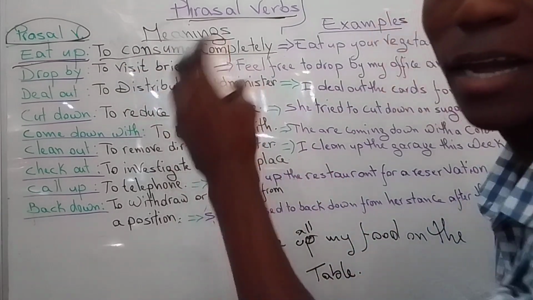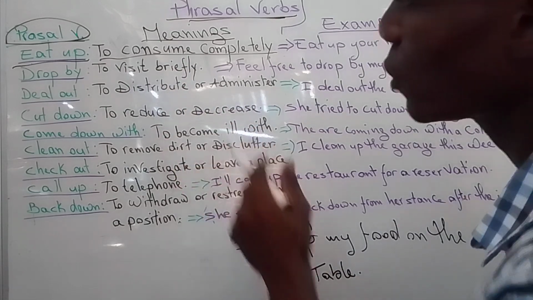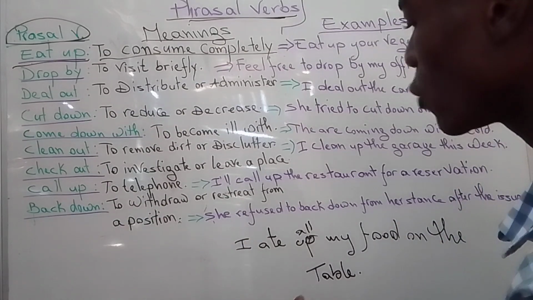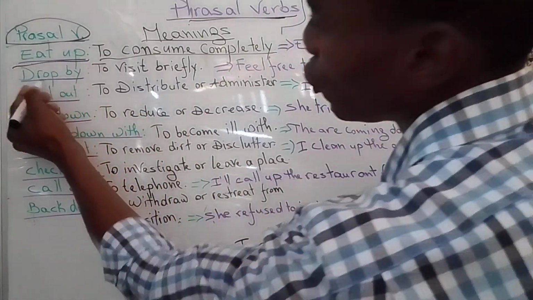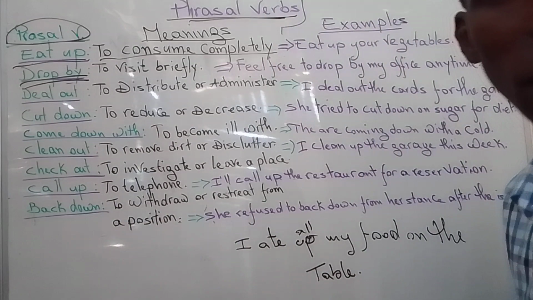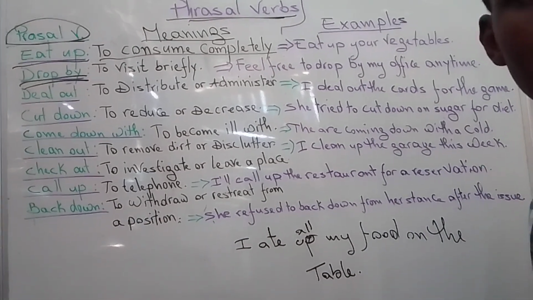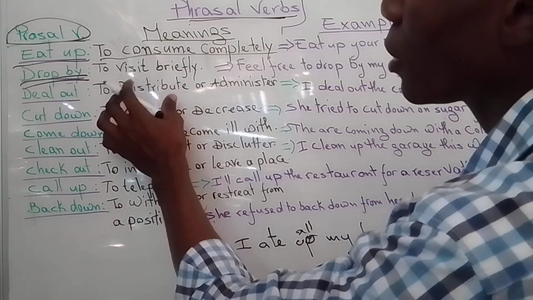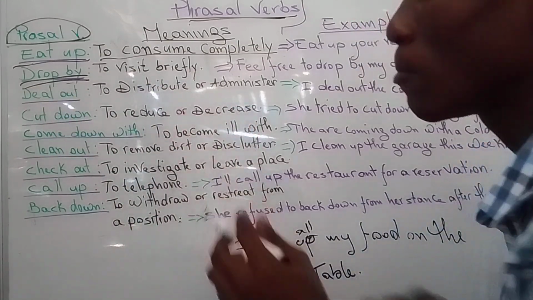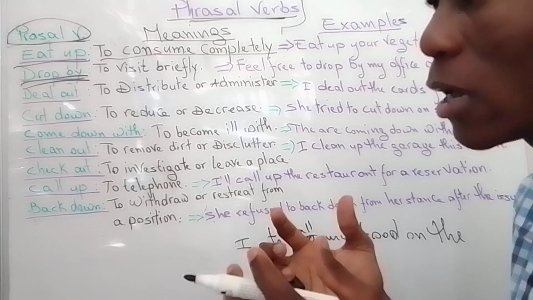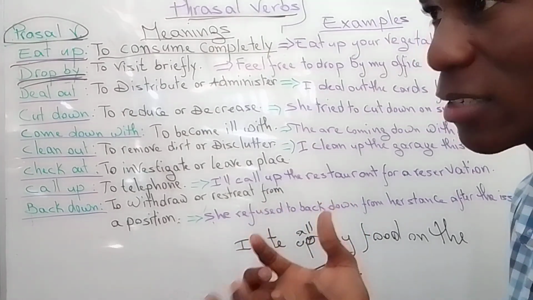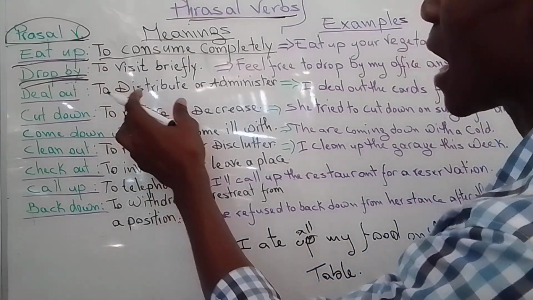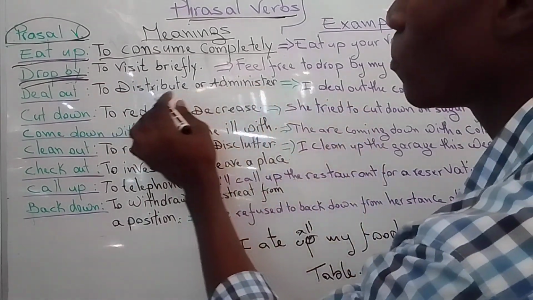And the second phrasal verb that we have here is drop by. Drop by means to visit briefly. It is an unexpected visit that you receive when someone drops by.